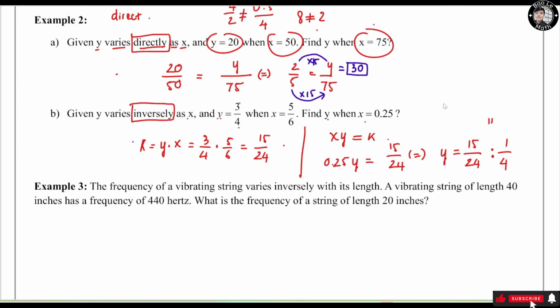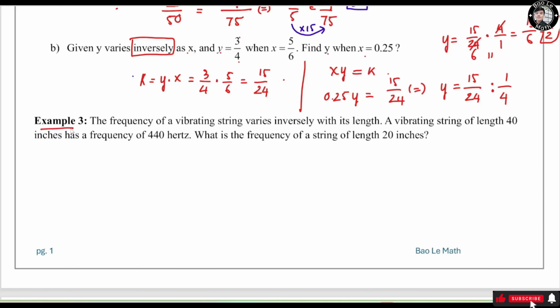So y equals 15 over 24 times 4 over 1. 4 and 24 cancel to 6, so it's 15 over 6. Divide top and bottom by 3 to get 5 over 2. This is the final answer.